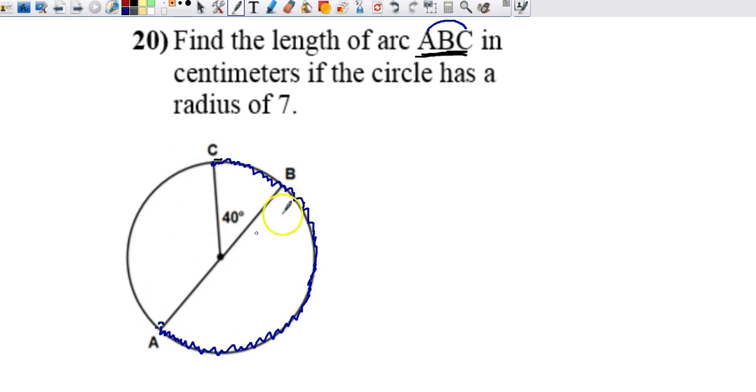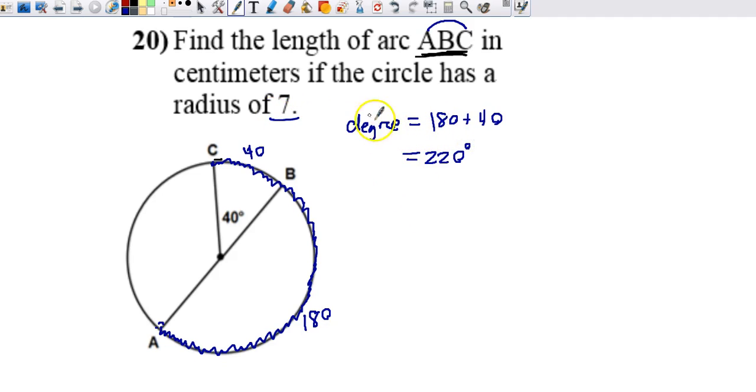If this is a diameter, then this is going to be 180, and that's going to be 40. So the measure is going to be 40, the degree is going to be 40 plus 180. So that's going to be 220. The radius is 7. We want to know the length.